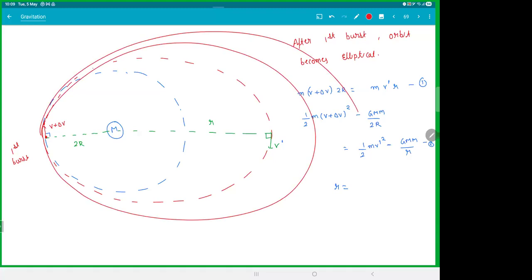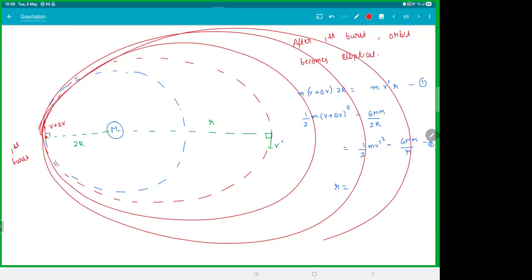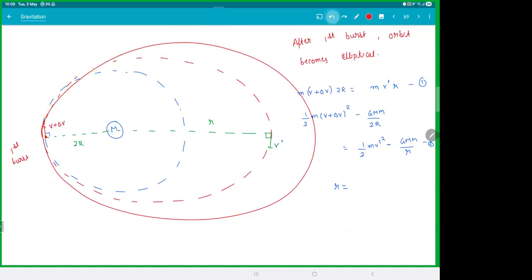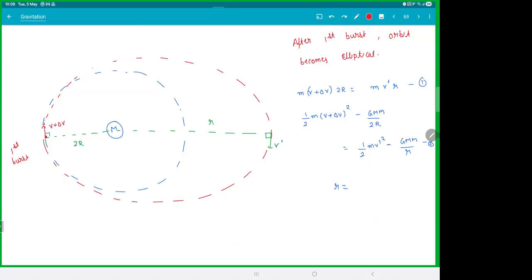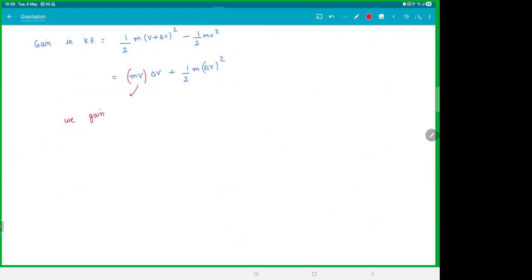The third time, you get a bigger ellipse. The fourth time, you get a bigger ellipse. At some point, you have so much velocity that one more burst and you escape to infinity. You gain more and more energy if you keep on hitting the engine at the same spot. That's the whole catch there. So that's it. If you figure that out, the question is done.